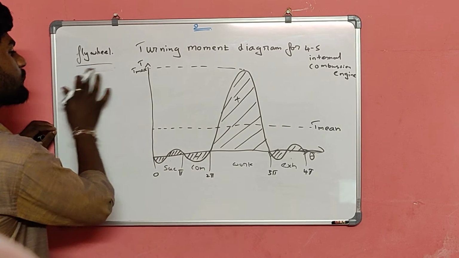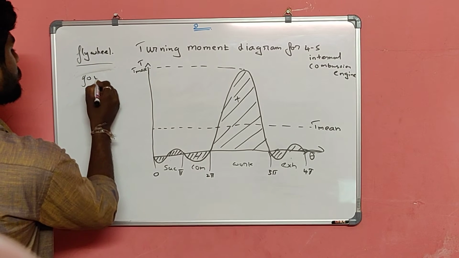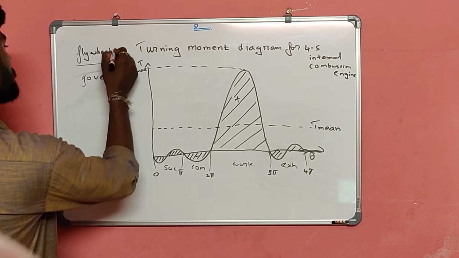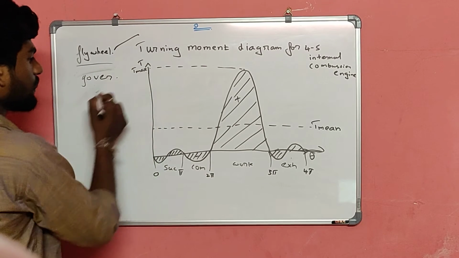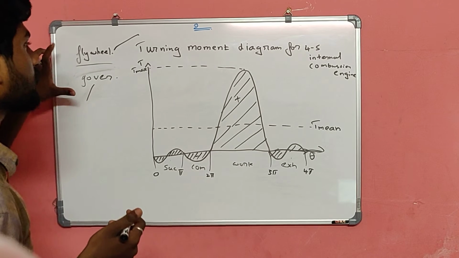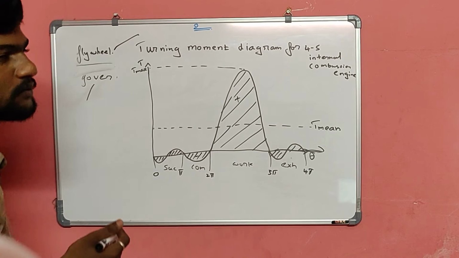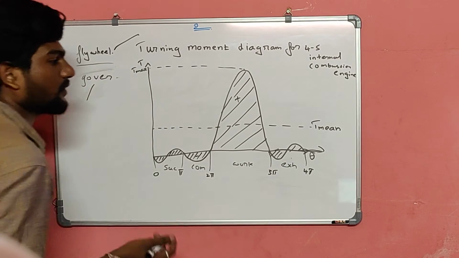Many people confuse the flywheel and the governor. The flywheel is used to control the fluctuation of energy, and the governor is used to control the fluctuation of speed. That is the common difference. Both of them reduce the fluctuation in a much reduced manner.